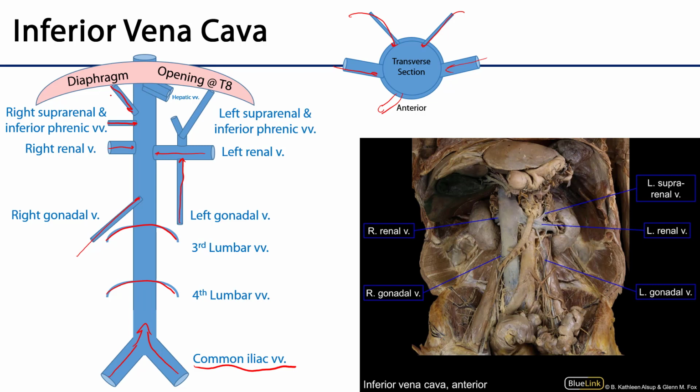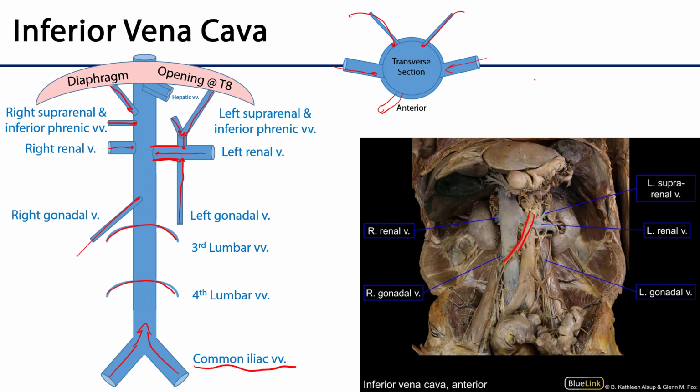Whereas on the left side, the left inferior phrenic and the left suprarenal generally form a trunk that then feeds into the left renal vein. And so this can cause issues here if there is any impingement on the left renal vein, because it bears a very close relationship to the superior mesenteric artery.